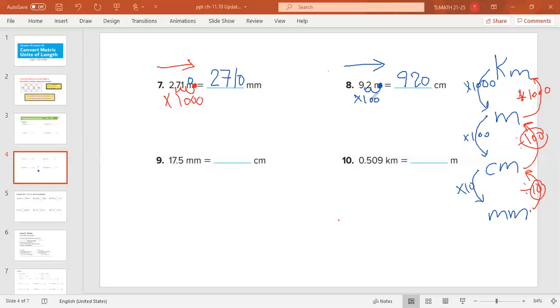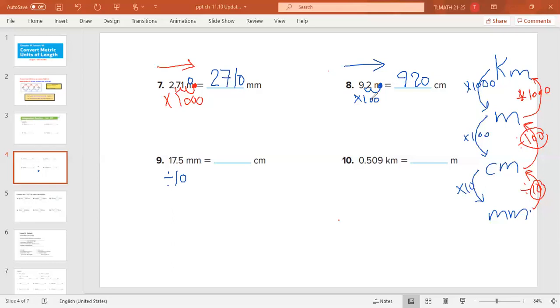Now question number 9, I'm going to convert from milli to centimeter. Here I'm going to divide because I'm moving from small to large. So from millimeter to centimeter, you are going to divide it by 10. So let's do it. Now, where should I move my decimal point? To the right or to the left? Yes, of course.